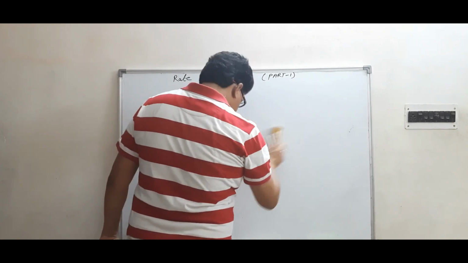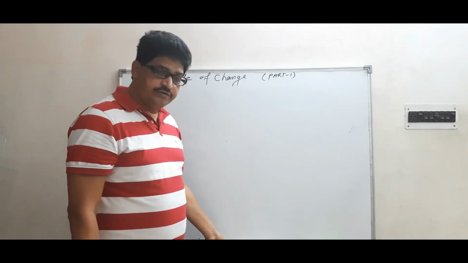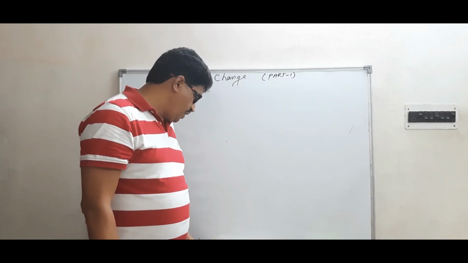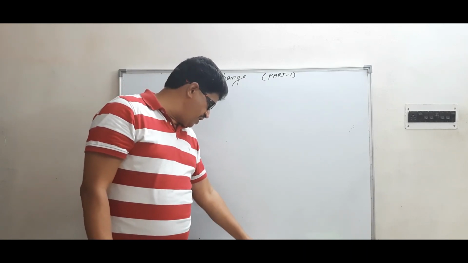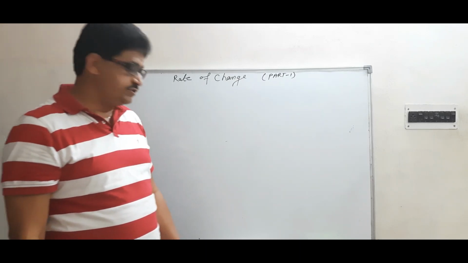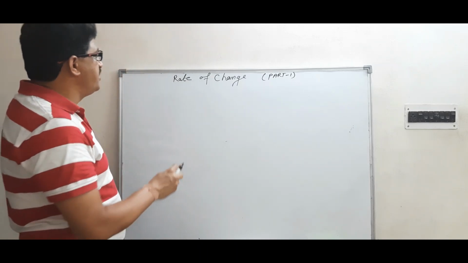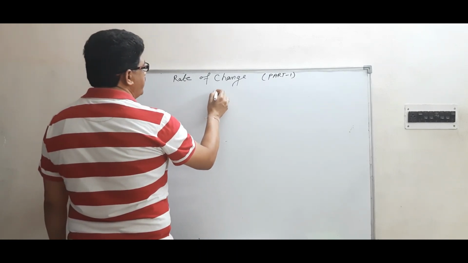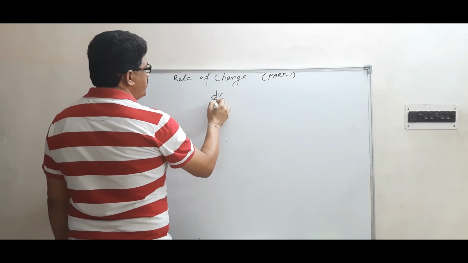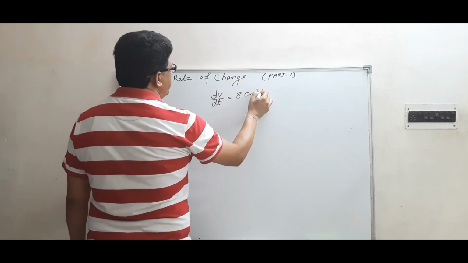Then you see question number 2. The volume of a cube is increasing at the rate of 8 centimeter cube per second. So here change in volume is given, 8 centimeter cube per second. dV upon dt is 8 centimeter cube per second.